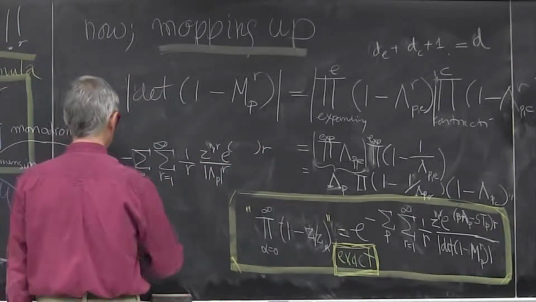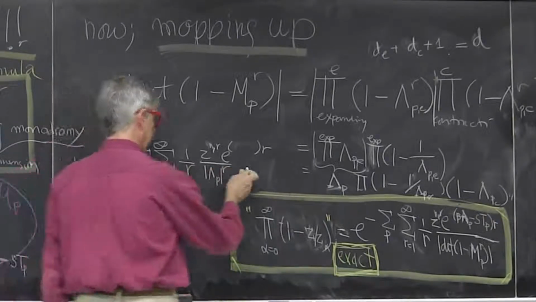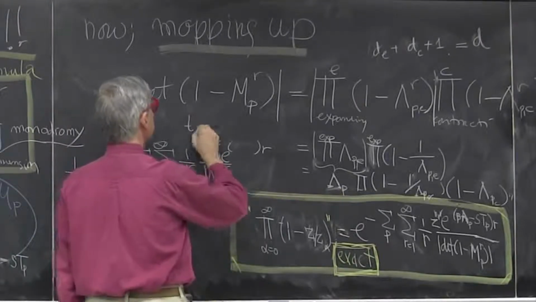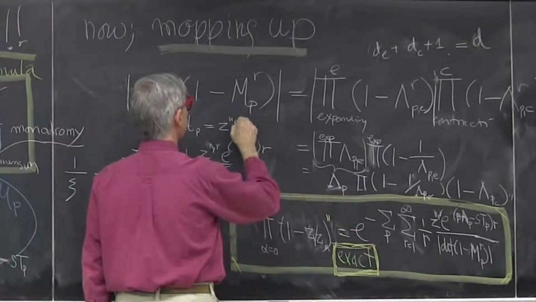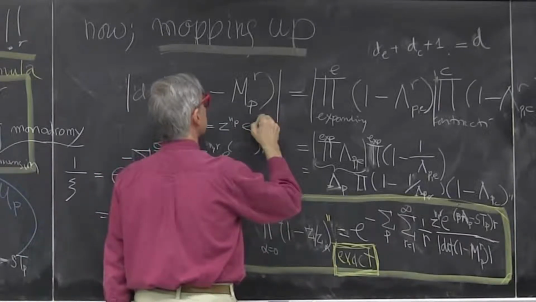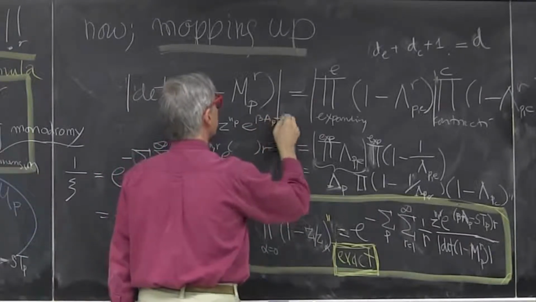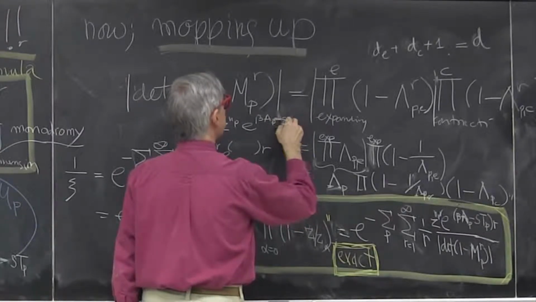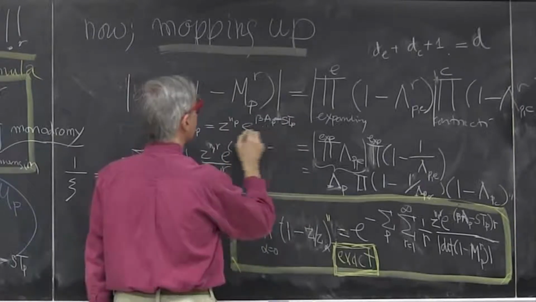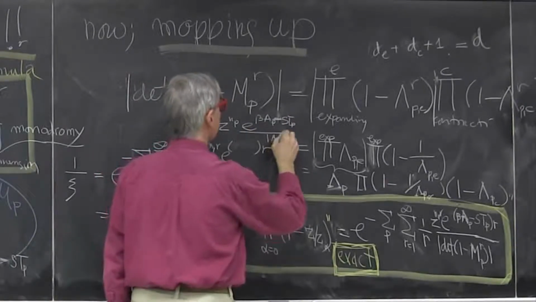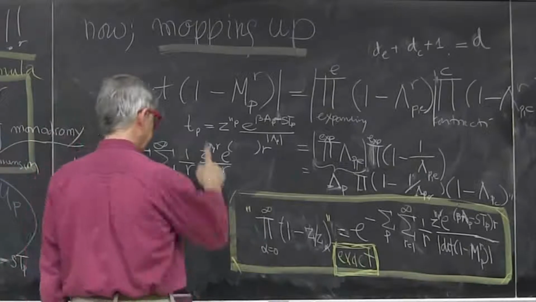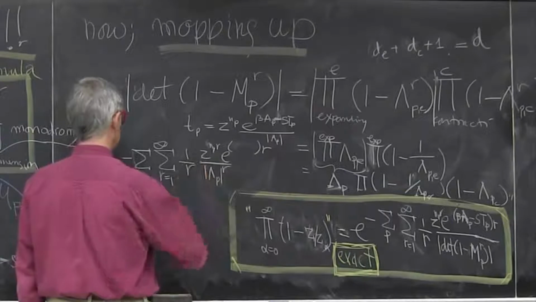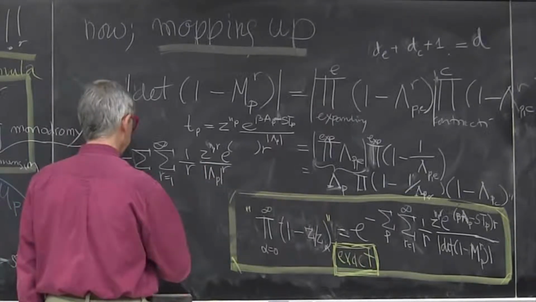So now I can use my definition of the expansion of the logarithm. Let me call t_p z to the n_p, e to the, you know, all that stuff, a_p minus s_p, but not repeated, just once, divided by r_p. So this now just becomes plus sum over p.